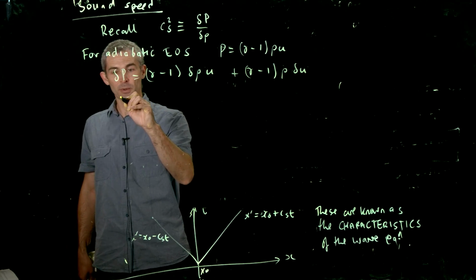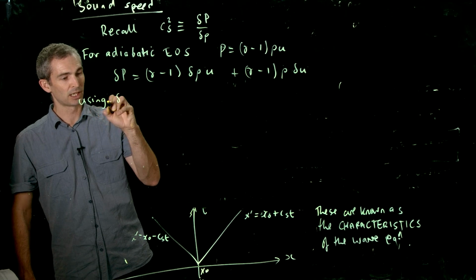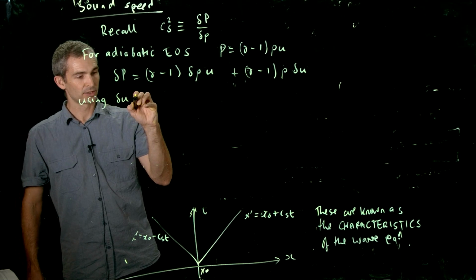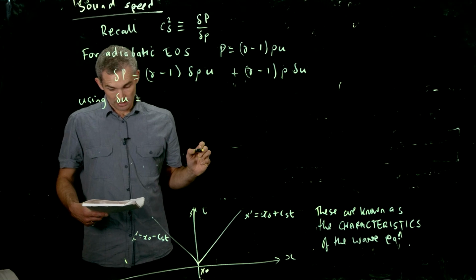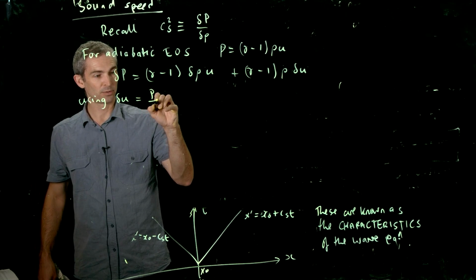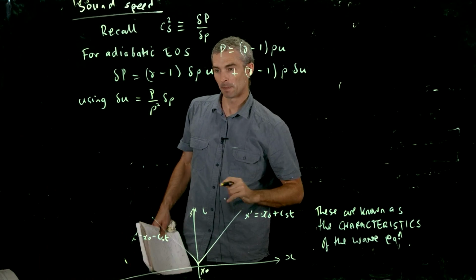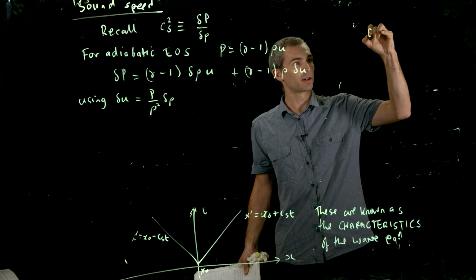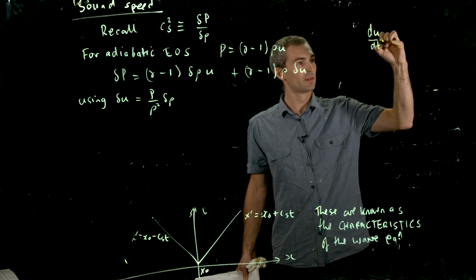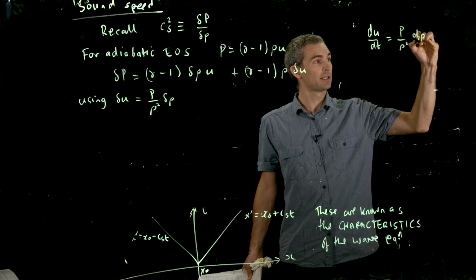But we can simply relate u back to rho. So we can say that delta u is simply equal to P on rho squared delta rho. And that's because, remember, our equation was du dt is P on rho squared d rho dt.